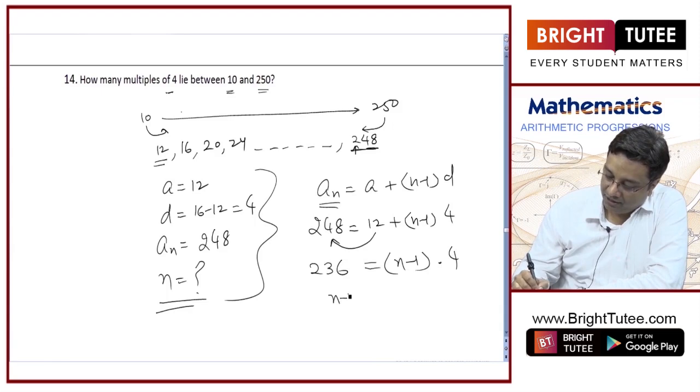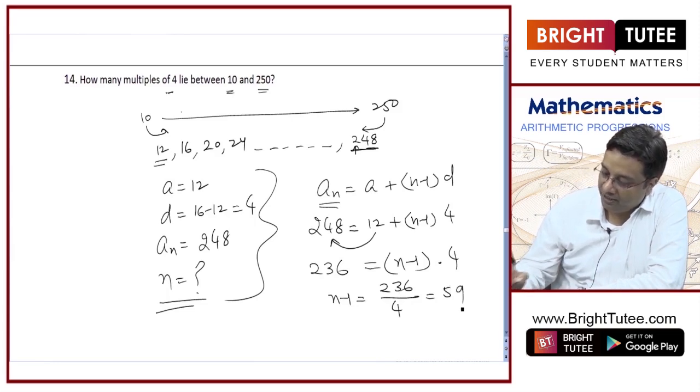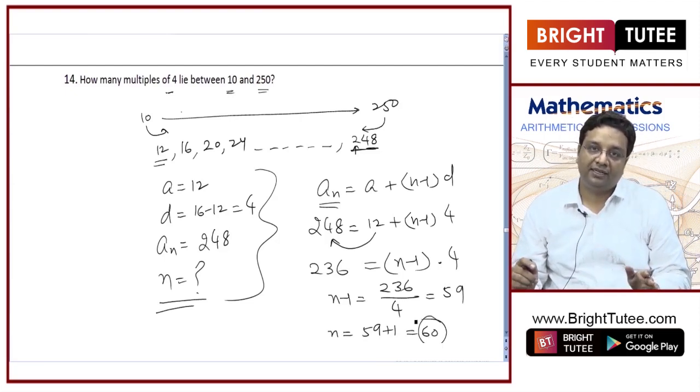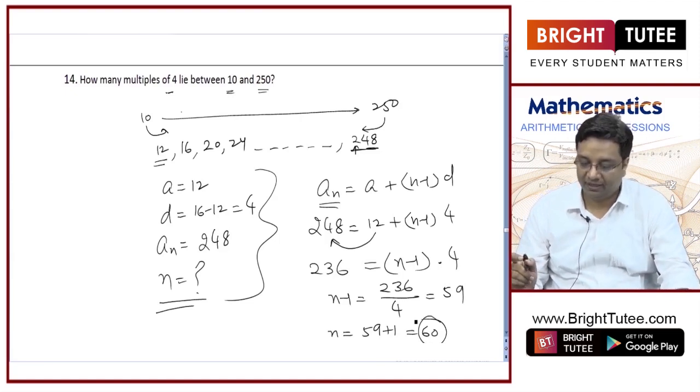So n minus 1 is equal to 236 divided by 4, which is 59, since 4 5s are 20, 4 9s are 36. So n is equal to 59 plus 1, 60. So there are 60 multiples of 4 which lie between 10 and 250, right?